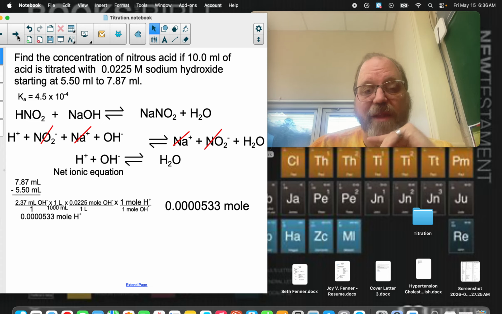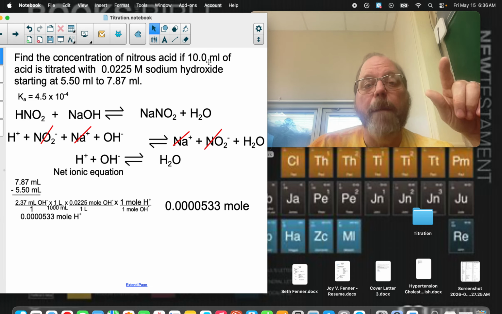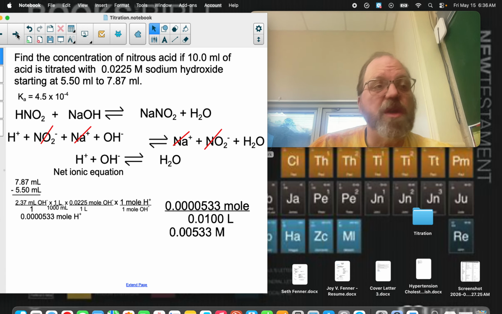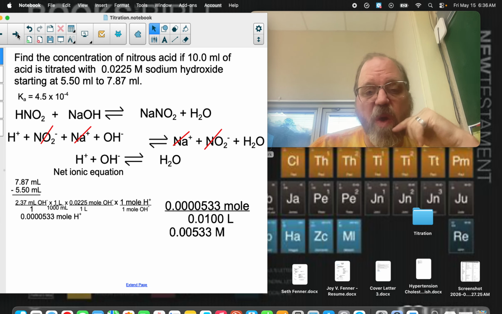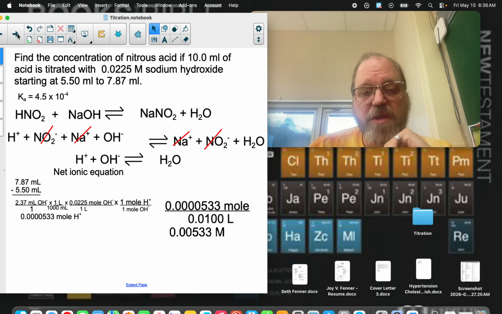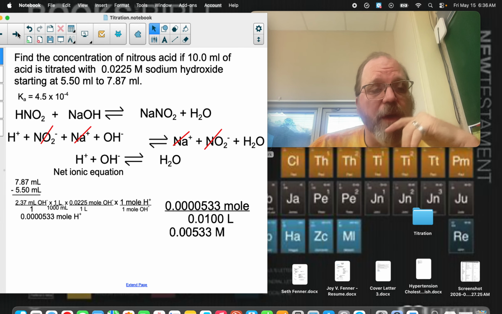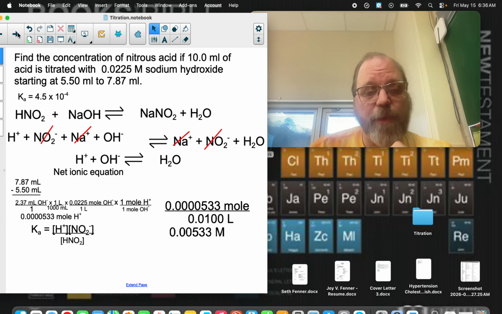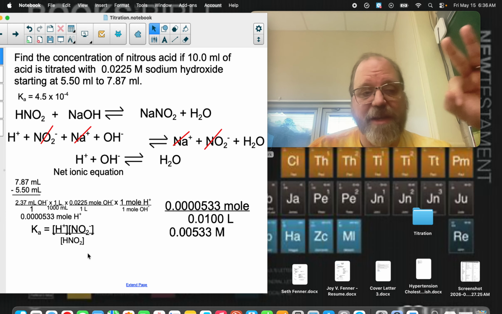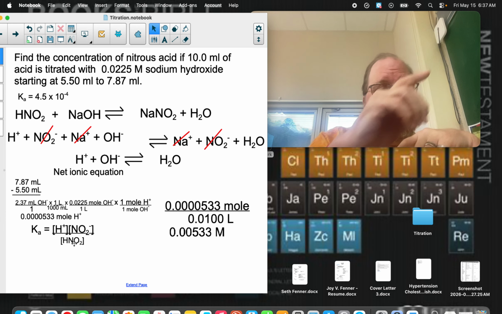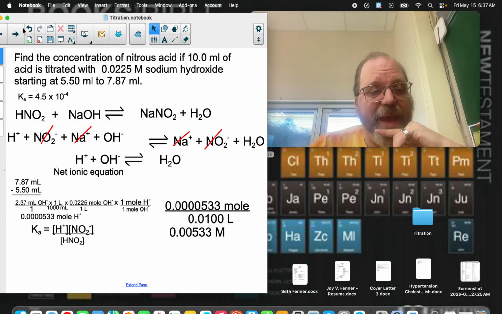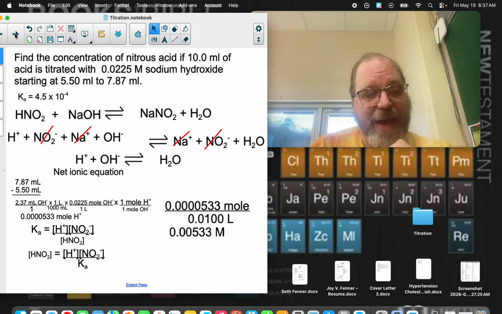We have to convert that into liters, and we have 10.0 milliliters. So convert that to liters. We're going to get 0.0100 liters, which is going to give us 0.00533 molar. All right, now taking our Ka expression, I want to find the acid concentration. So we're going to bring the acid up and bring the Ka down. The concentration of the acid is going to be hydrogen ion times nitrite ion all over the Ka.